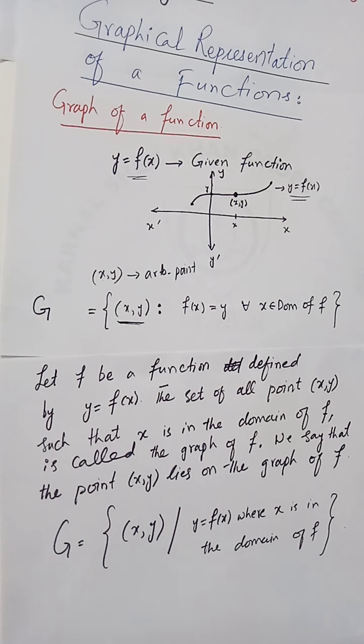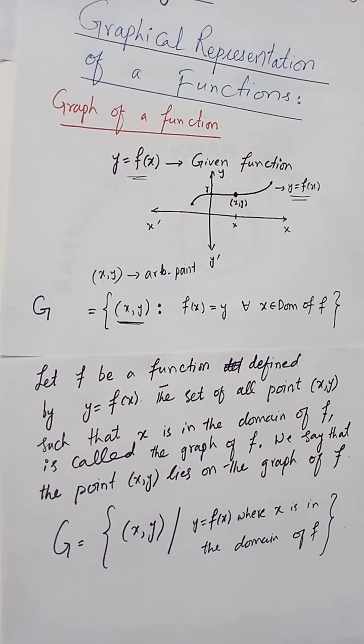Now you clearly see from this that the graph of a function is a curve made from infinitely many points. How can you plot those points in the xy plane? You plug the value of x in the given function and you get the value of y, so an ordered pair is constructed and you plot that ordered pair in the xy plane.